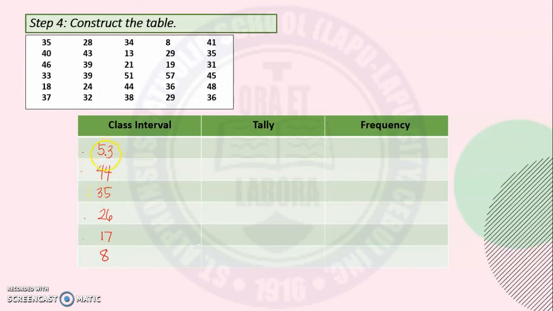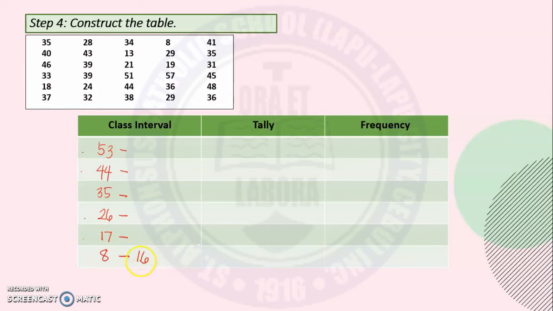Now, next we need to solve for our upper limits, which are the numbers on the right side of the class interval. Since we already have 17 here, that means our first class interval will be from 8 to 16. So now we have our first upper limit.